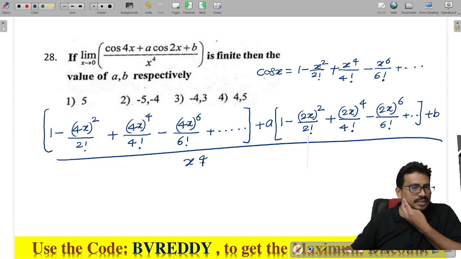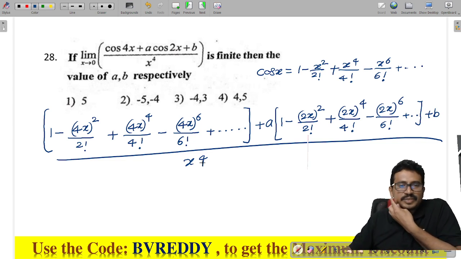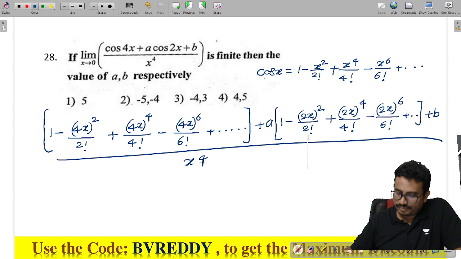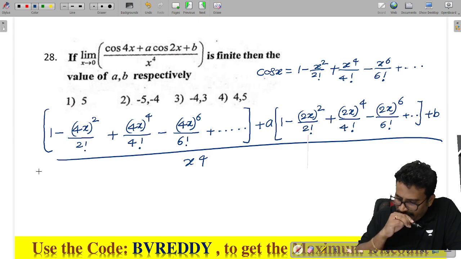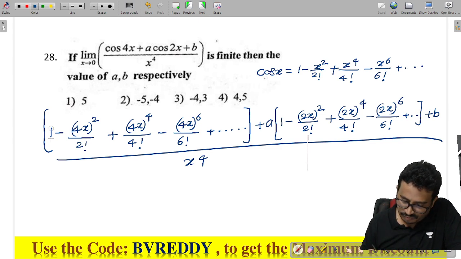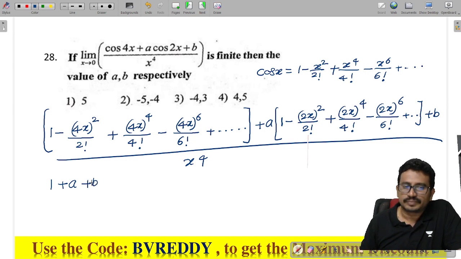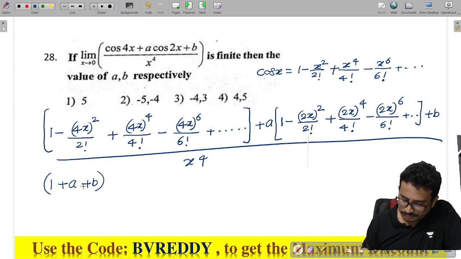Now let's take the corresponding components here. If we have taken these components here, the coefficients, you see this thing, 1 constant terms 1, here we will get this is a into 1 and then plus b, this one term.